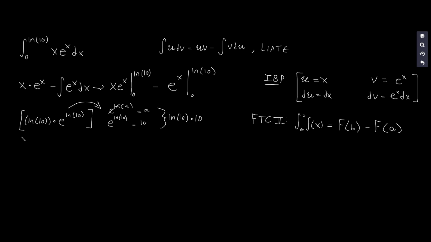So this is the upper bound of integration. As for the lower bound of integration, I'm going to plug in 0. So we're going to have 0 times e raised to the power of 0.